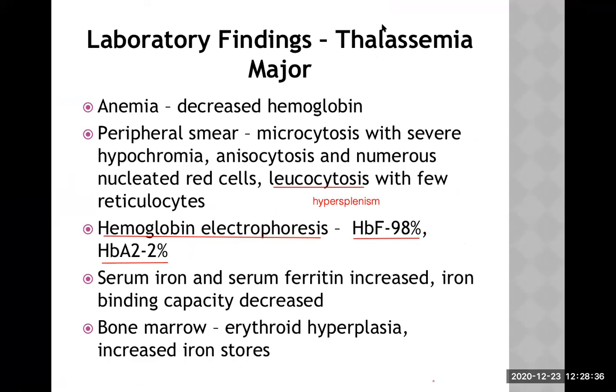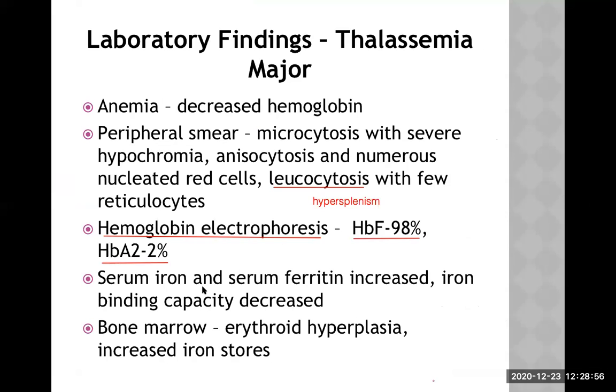This is an important point. I've already explained why this happens: because of failure of beta chain synthesis, the hemoglobin forms in the alternative forms, that is hemoglobin F and hemoglobin A2.